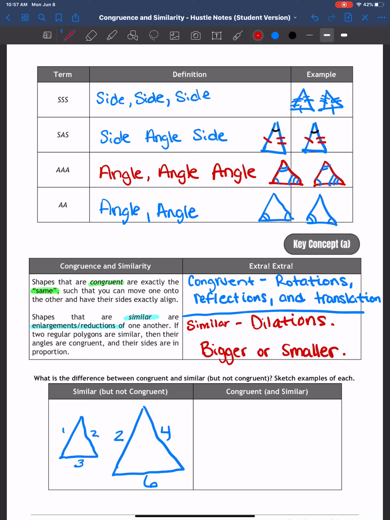If you have two congruent triangles, they are the same exact size, but maybe they are rotated. So this angle and this angle are the same, this angle and this angle are the same, and this angle and this angle are the same. You can see that my drawing is not perfect, but basically those triangles, if they were laid on top of each other, would be the same.